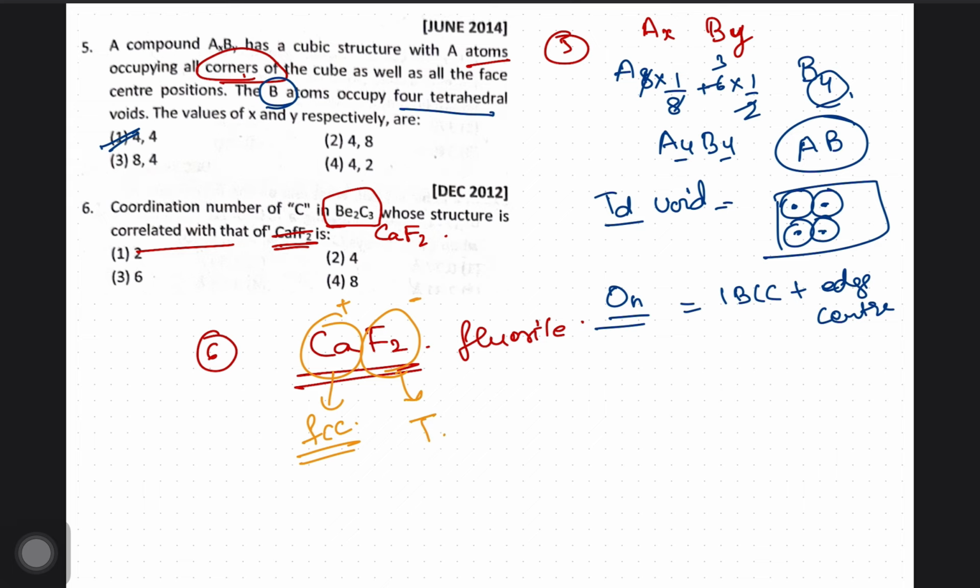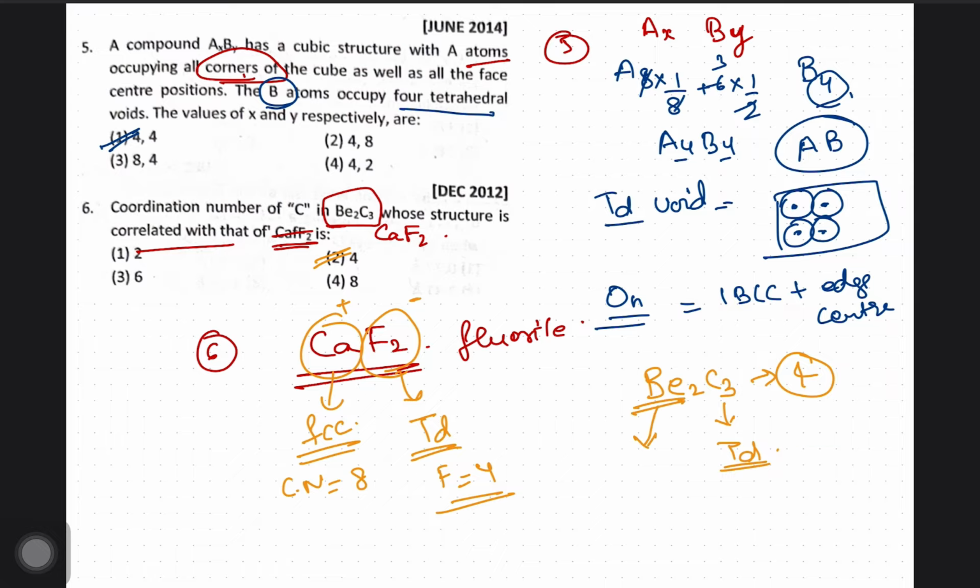Fluoride occupies all the tetrahedral voids, and the coordination number of calcium is 8 while that of fluoride is 4. This you have to remember. Now if we correlate B2C3 with this, C will occupy the tetrahedral void and its coordination number will be 4. So the correct answer will be 2, right? Here B will occupy the FCC points.